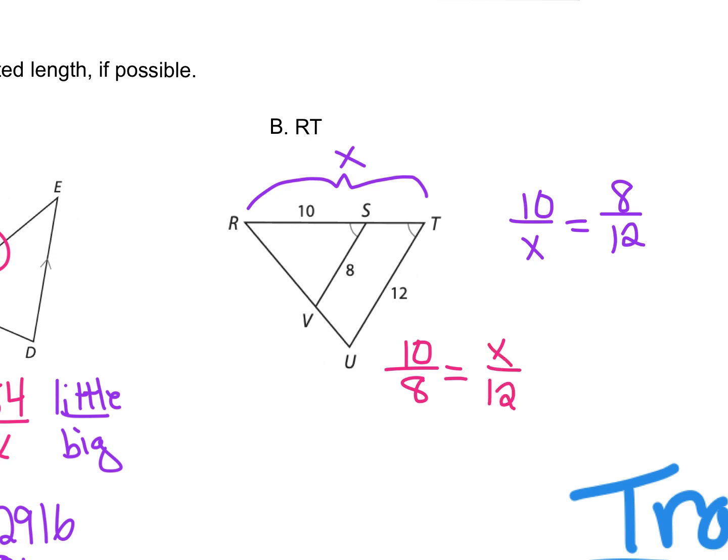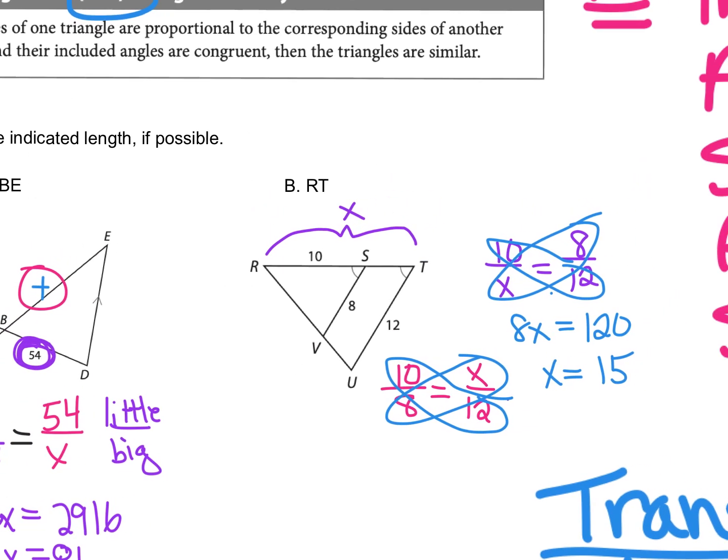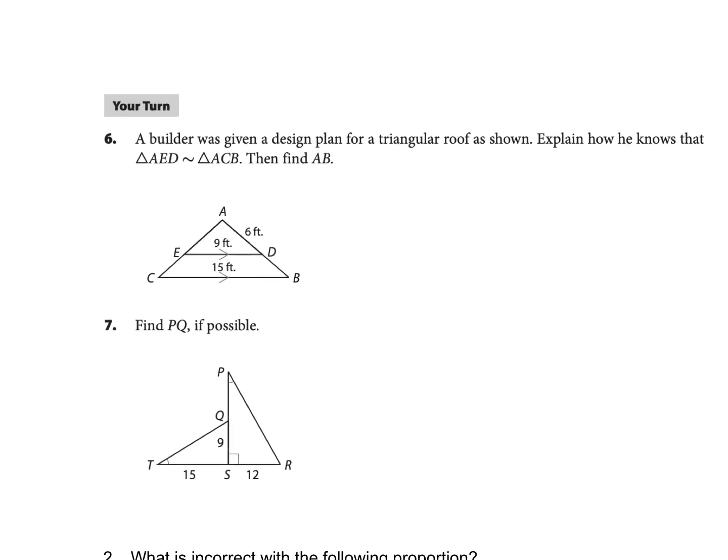And do you see the cross multiplication in these is going to be the same? So I got 8x equals 120, no matter what I did. So x equals what? 15. Okay.